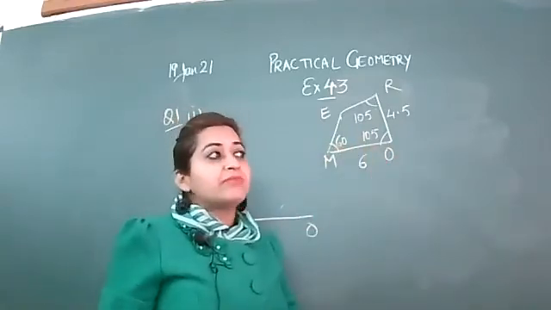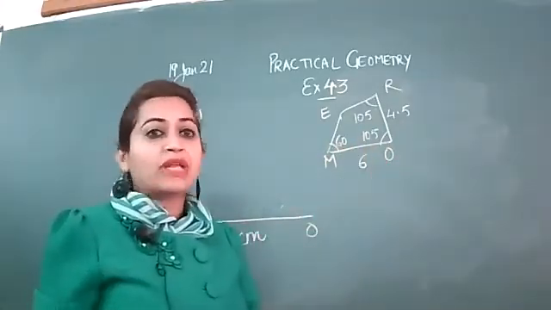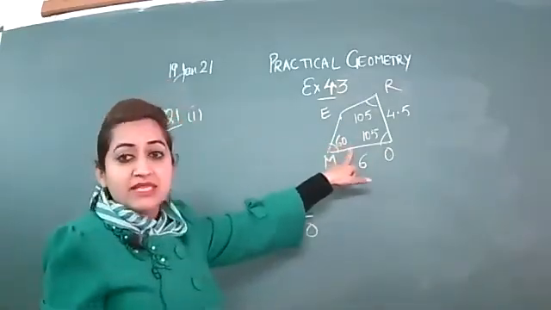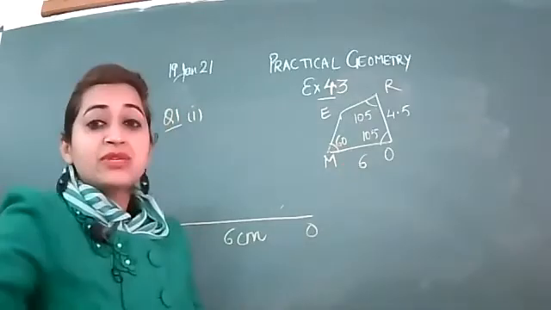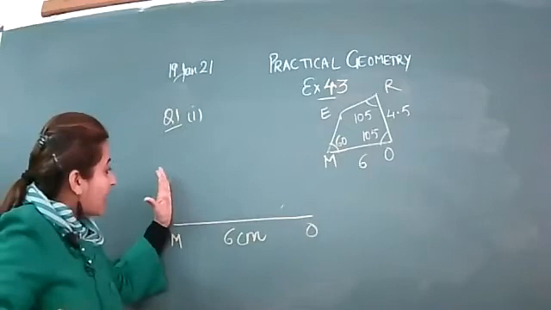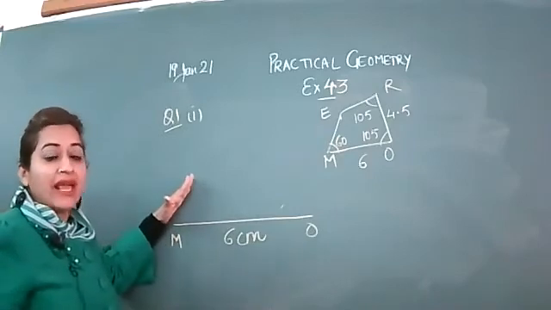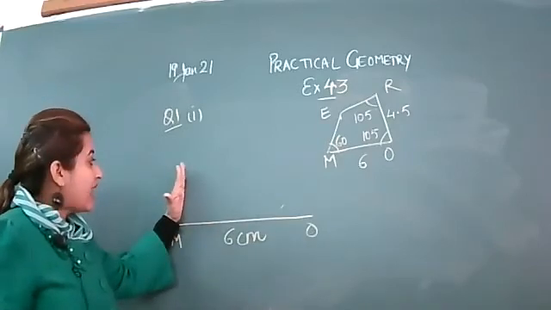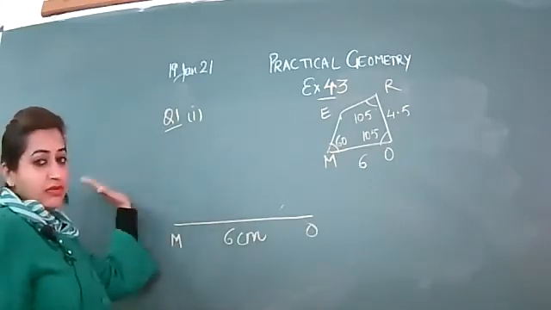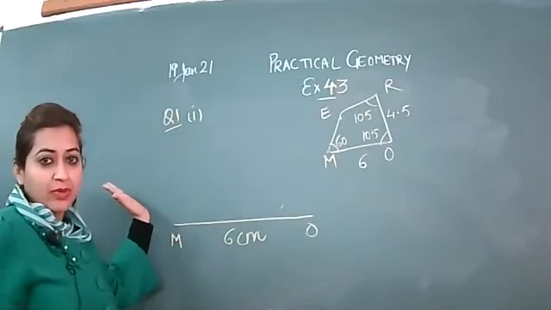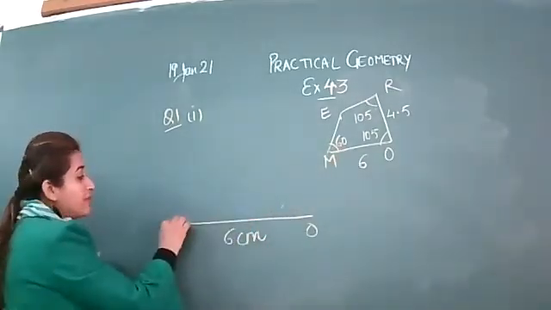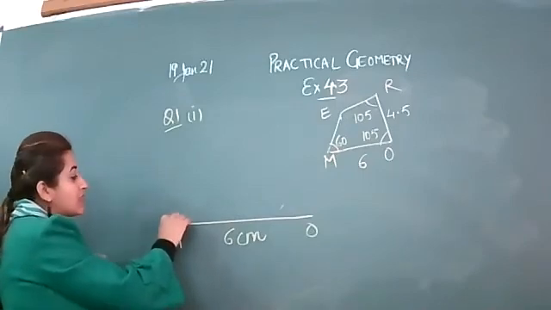Just keep this in mind that whenever you are going to draw the angle, the angle should lie on the base. Angle M is 60. As you know, 60 is an acute angle that will surely lie inside the line. And if the angle is obtuse, then it will go in the outward direction. So you are given angle M as 60, which you will draw using the compass.